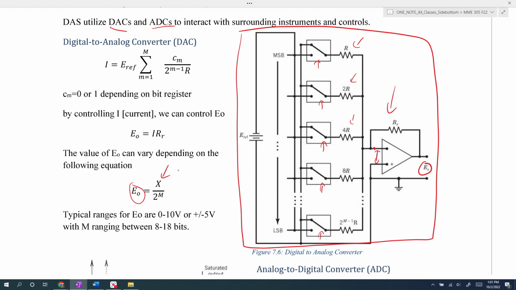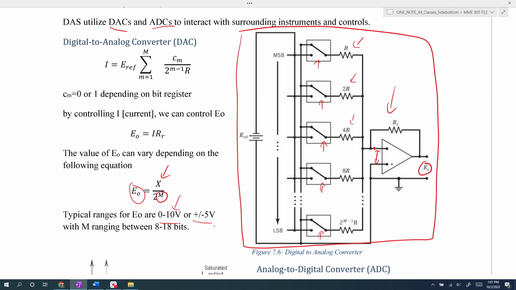So depending if it's between 0 to 10 and the number of bits. Most digital to analog converters are single-ended, meaning they can go between 0 volts and 10 volts above ground, or they can be dual or bipolar, meaning they can go above 0 volts up to 5 and below to -5.